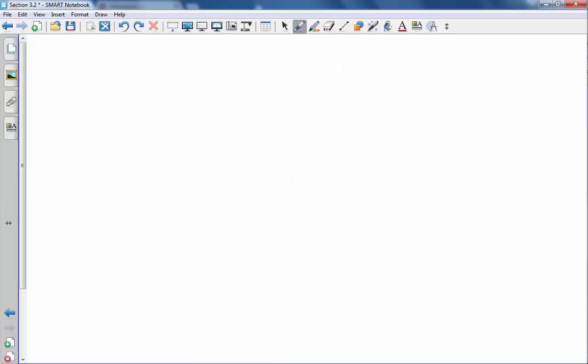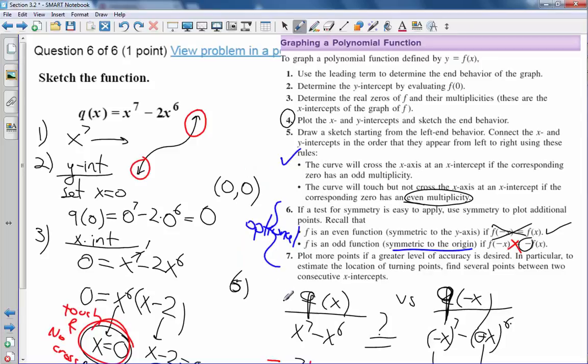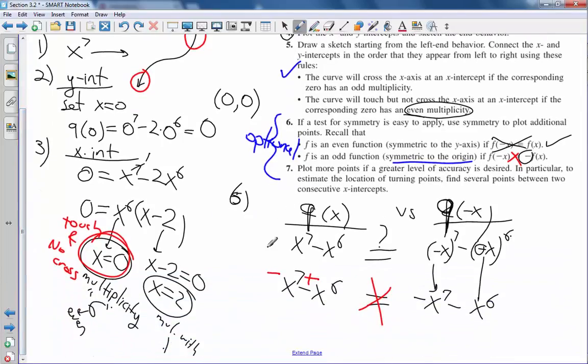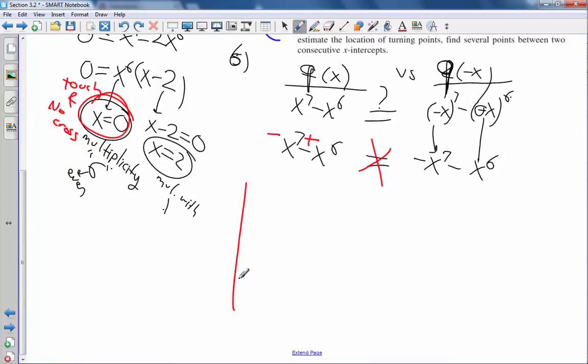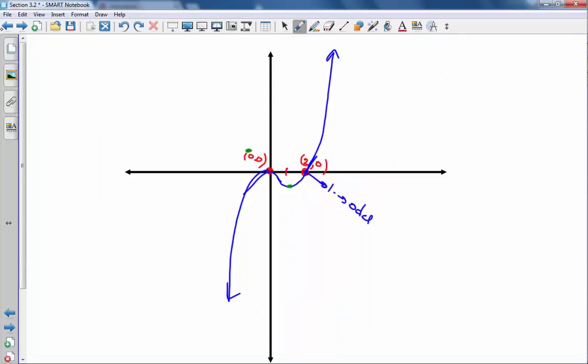Okay, what is number 7 now? I said these are optional, but they're good practice if you have time to do it. It says create a set of more values, plot more values by setting up a table like this and computing x and the values of q of x, such as plugging in some values between these red dots and a little bit beyond these dots to the right and left, such as taking -1, +1, and 3, for example.